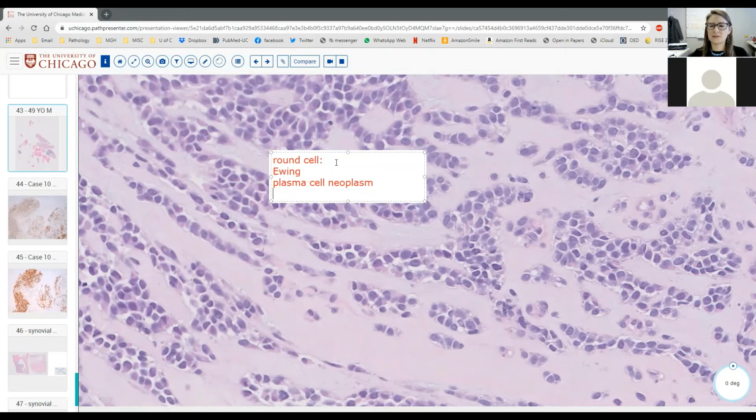What else did we just talk about? Round cell liposarcoma, right? What else? We already said Ewing's PNET. We already had a desmoplastic small round. This is a little old for desmoplastic, but adults can get Ewing PNET.